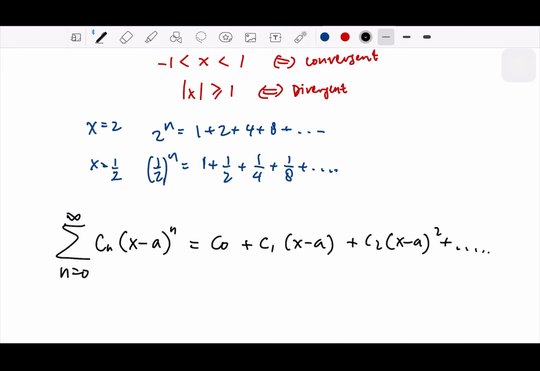So it's not just pointing out one single point of convergence. So you have a set of intervals of the convergence. So you might have some x that range from maybe 0 to some numbers, or maybe from negative numbers to some positive numbers as well.